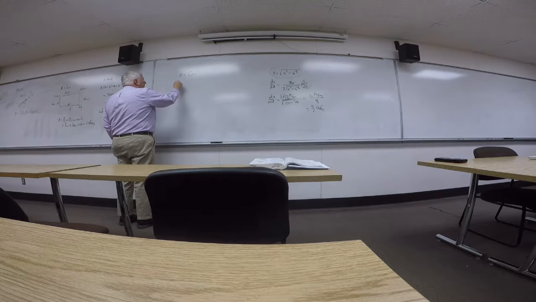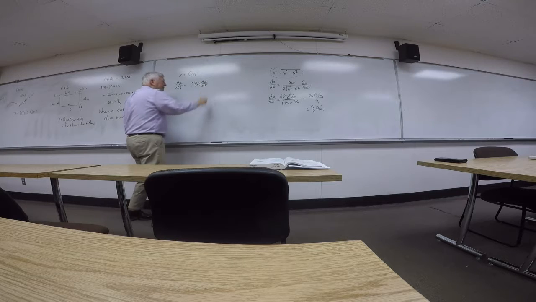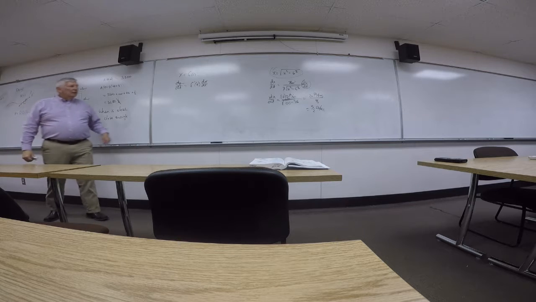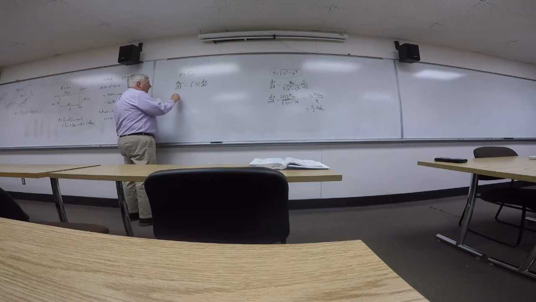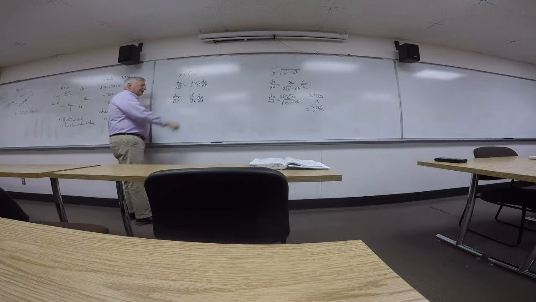I have dy/dt equals f prime of x times dx/dt. That's chain rule. The derivative of f with respect to t is the derivative of f with respect to x times dx/dt. That is rewriting it, dy/dt equals df/dx times dx/dt. Effectively, that divides out.